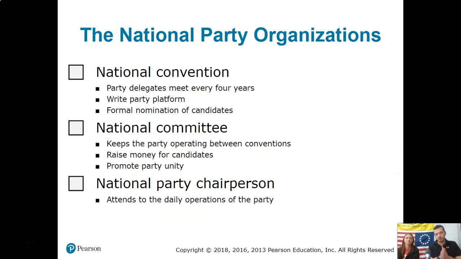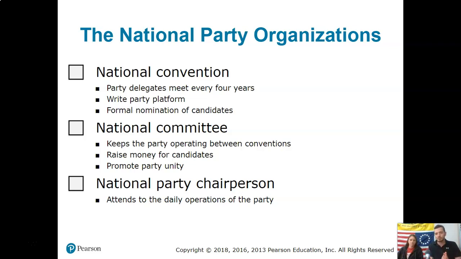Okay, so for the National Party organization, one big thing is their organization of the National Convention. They meet every 4 years, and at that convention, they write the party platform. They also talk about the formal nomination of candidates, mainly the president.